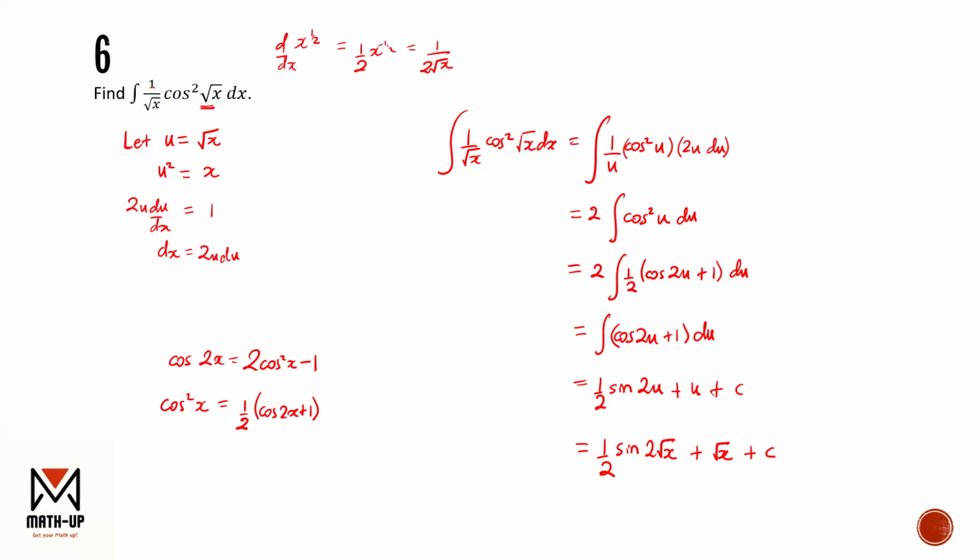And you see we have a 1 out of root x as part of the entire function as well. So once you see a function and its derivative, it's always advisable, if you're going to change variable, to let the function that's appearing, whose derivative also exists, to let u be equal to that function.